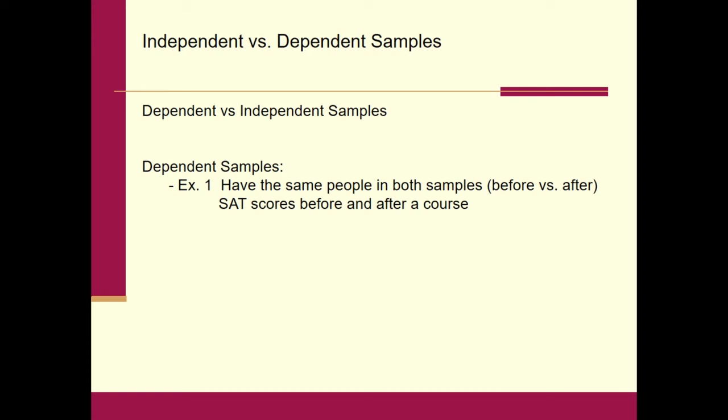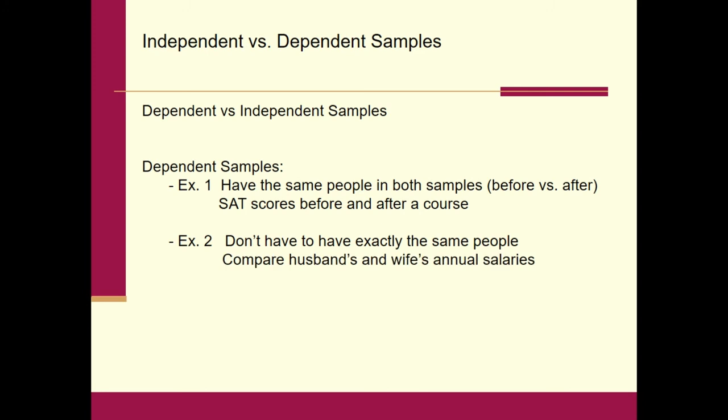All right. Now, we could have a different example where we don't necessarily have to have exactly the same people, but we still have this natural pairing going on. And let's say that we compared husbands and wives' annual salaries. So, let's say that we make the wives population number one.